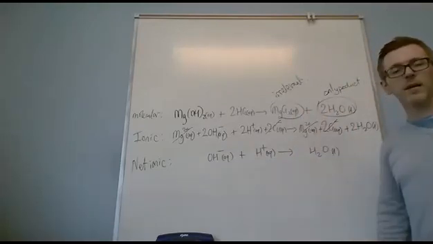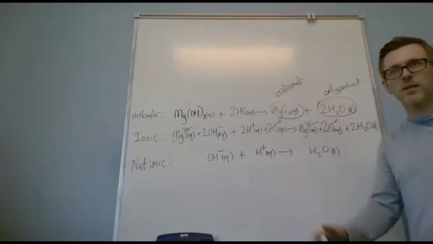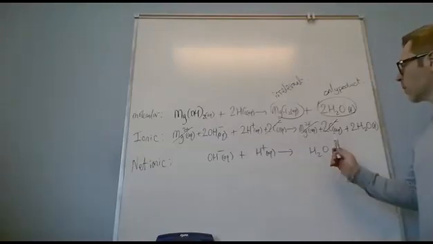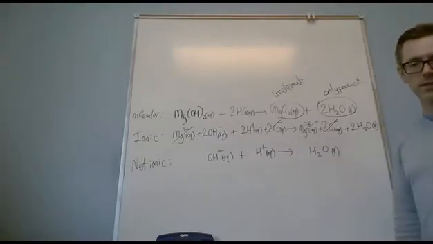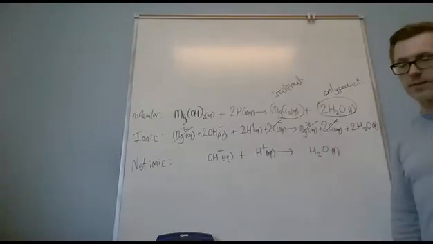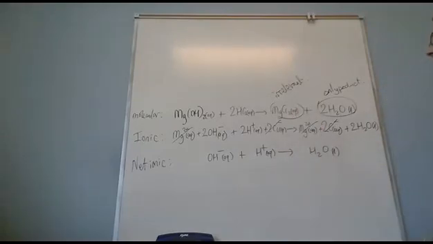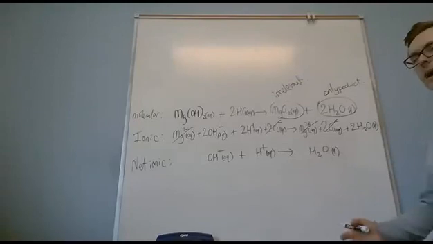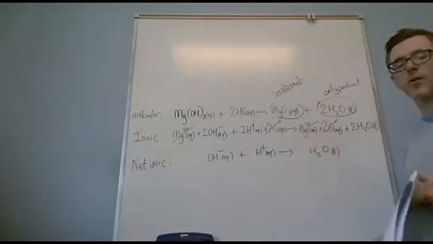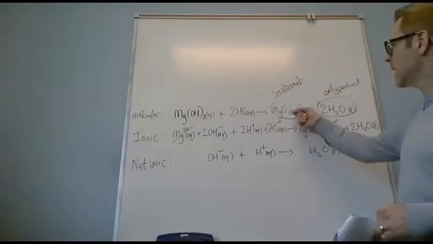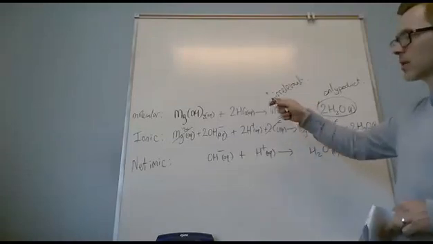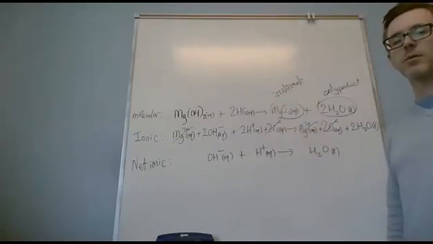Even though we had magnesium chloride, it was nothing. We're making water. We're making water in a fancy way. So again, the net ionic equation forces you to focus on what's really happening and not get sidetracked with chaperones.